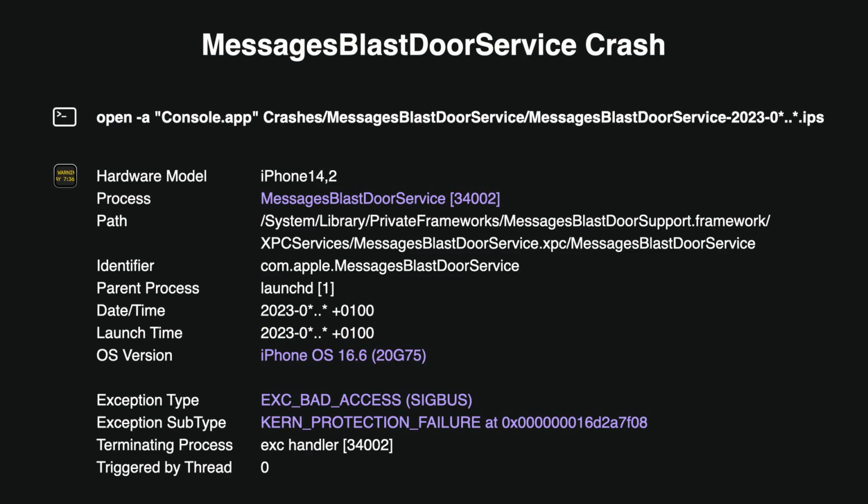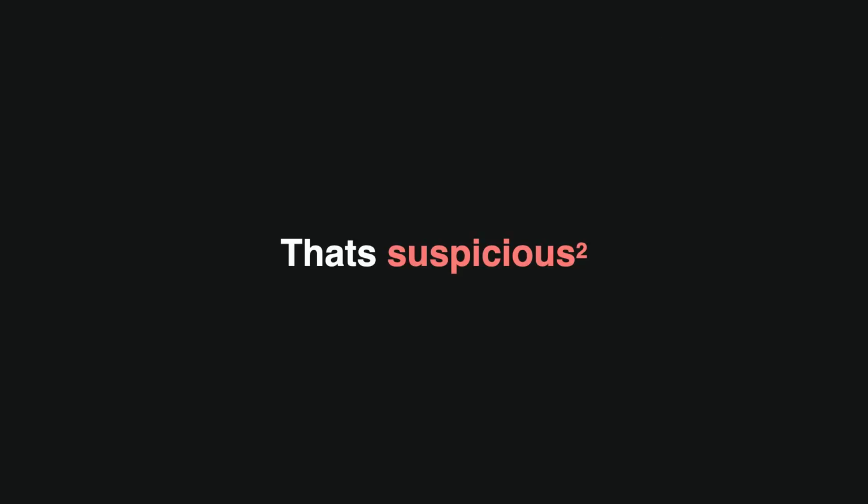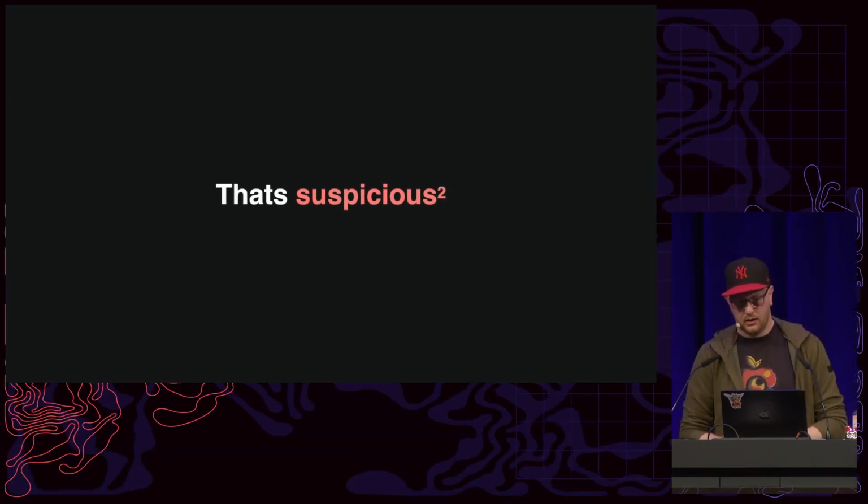But once I started to look at the MessagesBlastDoorService crashes, I could see a little bit more severe crash message. I could also see many times a plist file decoded from an NSKeyedArchiver, and this just goes on forever. So that was definitely suspicious for me.